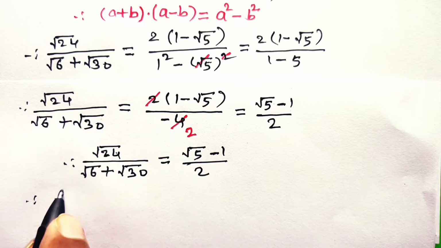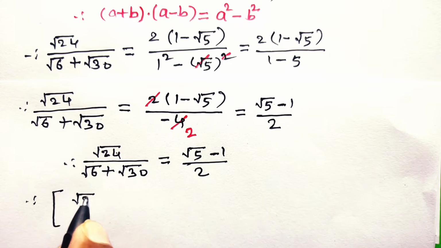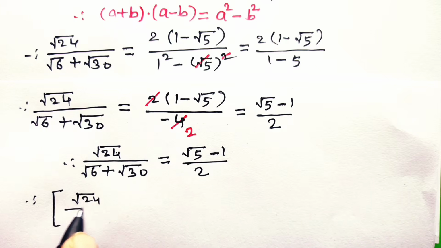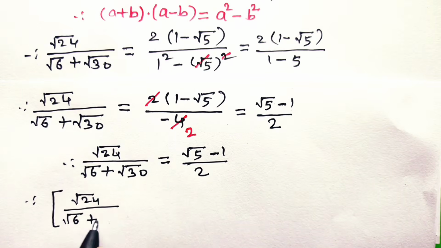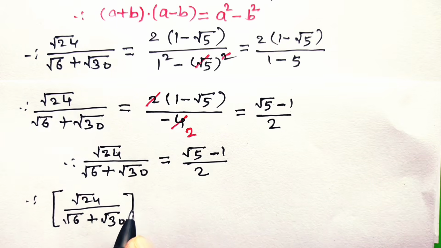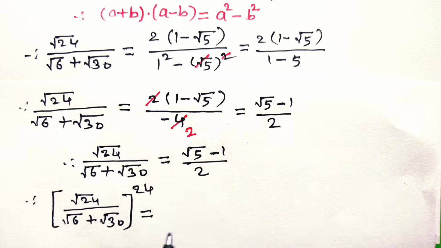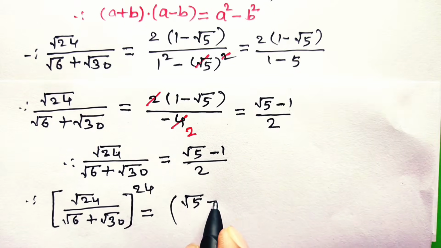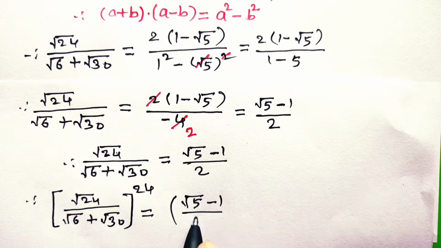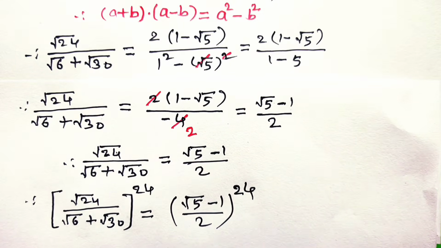Hence square root of 24 divided by square root of 6 plus square root of 30, to the power 24, is equal to square root of 5 minus 1 divided by 2, its power 24.